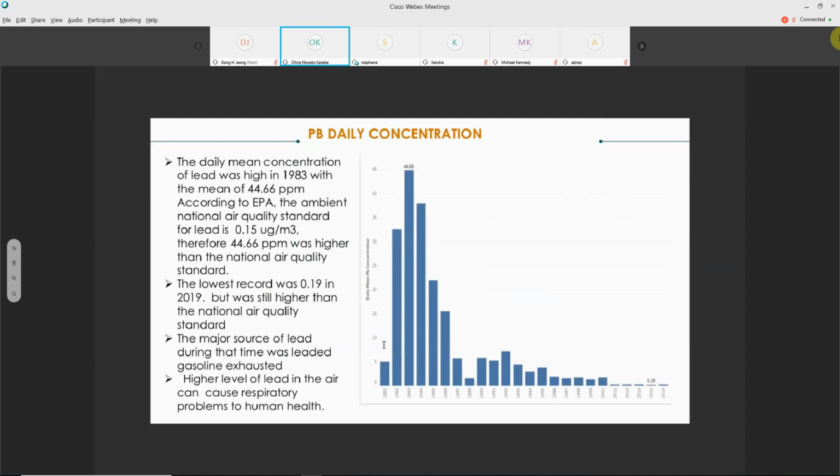The major source of lead in the 1980s was mainly gasoline exhaust. This shows that a high level of lead in the air can cause respiratory problems to human health and the environment as well.